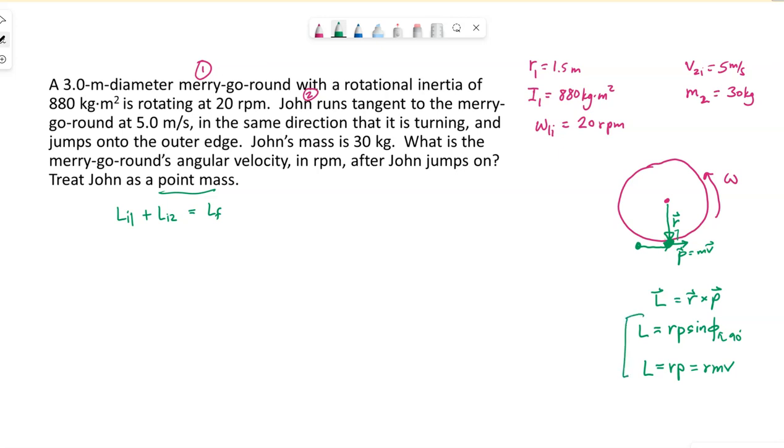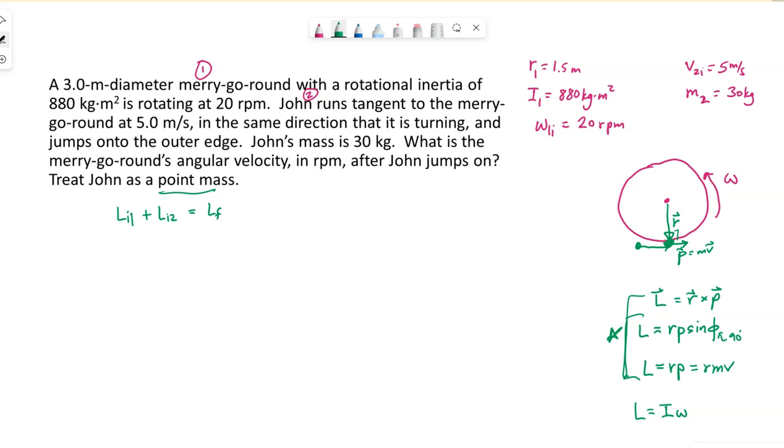Okay, this equation over here is specific to a point mass. That's why we can use that for John. The equation that always works for all objects is I times omega. We can use that for the merry-go-round. We could also use it for John.